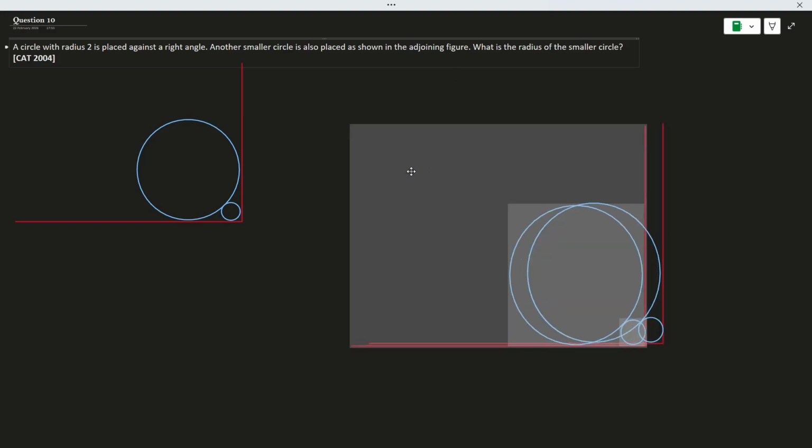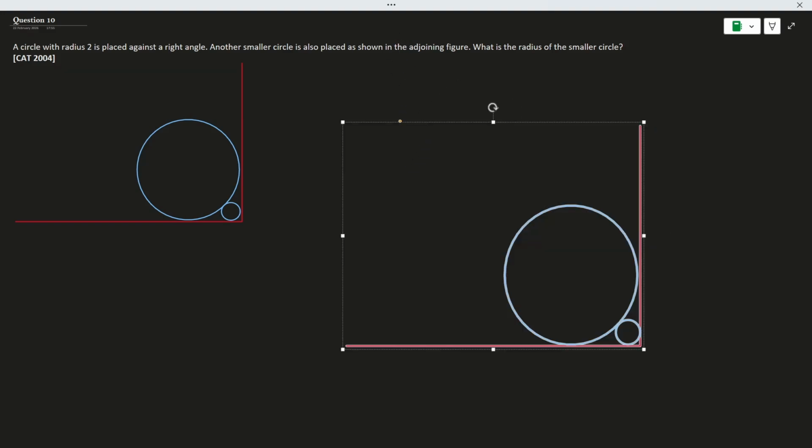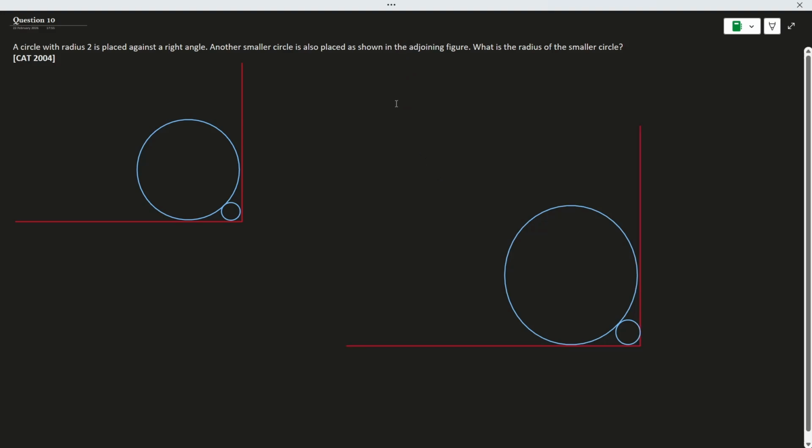Suppose this is the center of the bigger circle, and this is the center of the smaller circle.